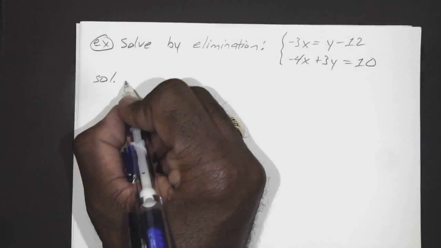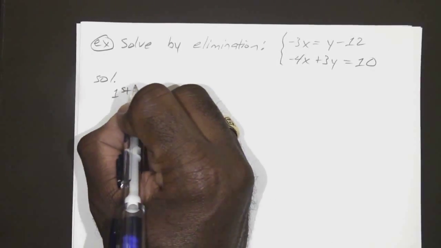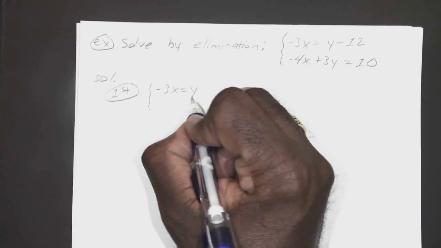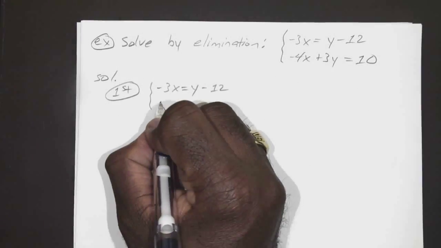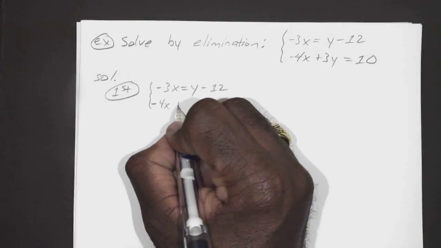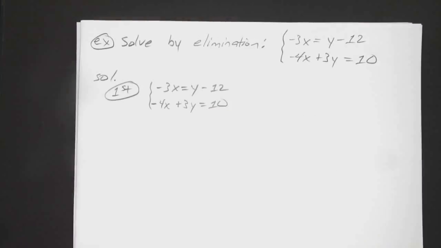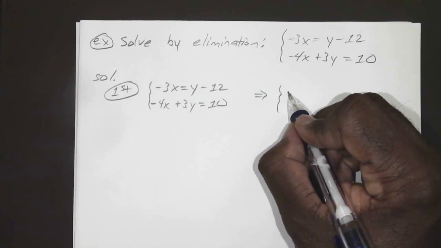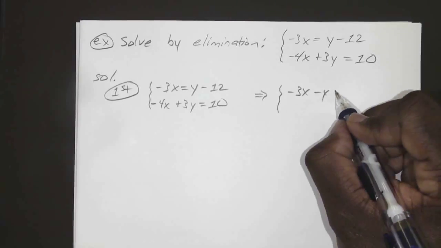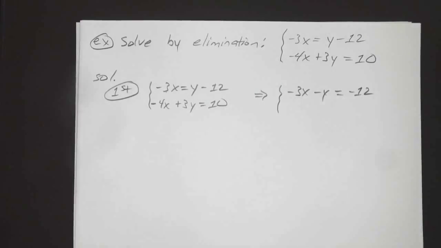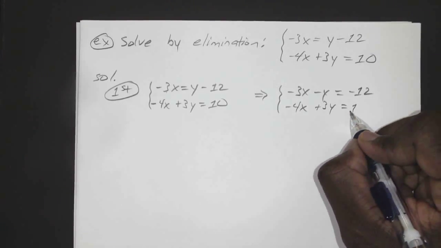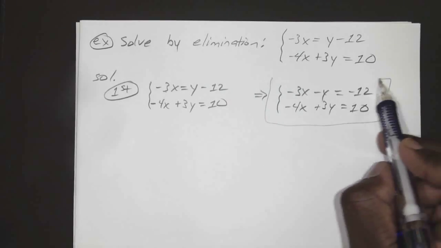You're going to subtract y from both sides. That means you have negative 3x minus y equals negative 12, and negative 4x plus 3y equals 10. Okay, so this is the one you're going to use.